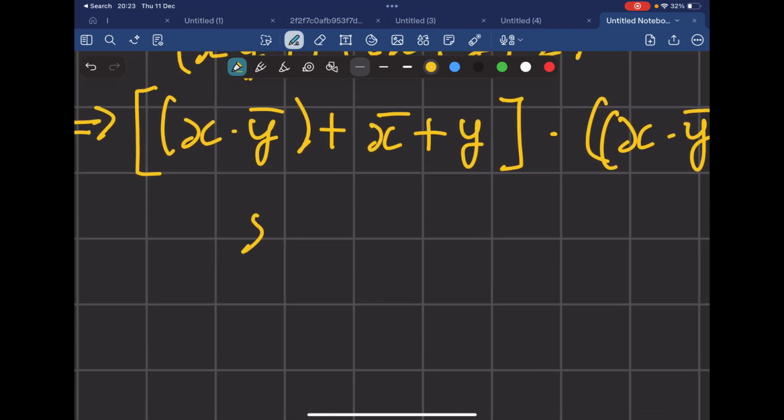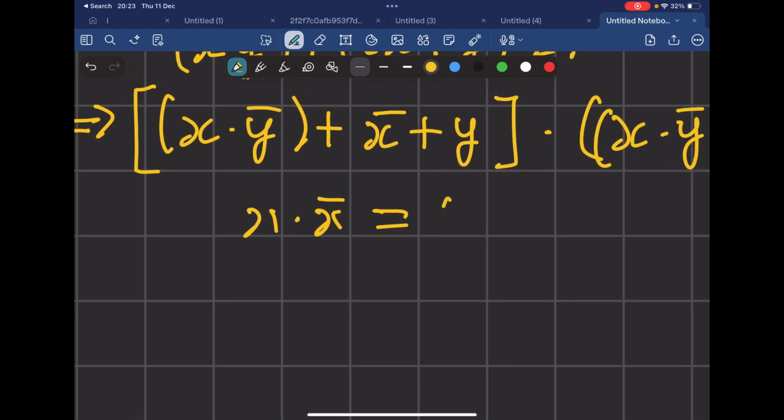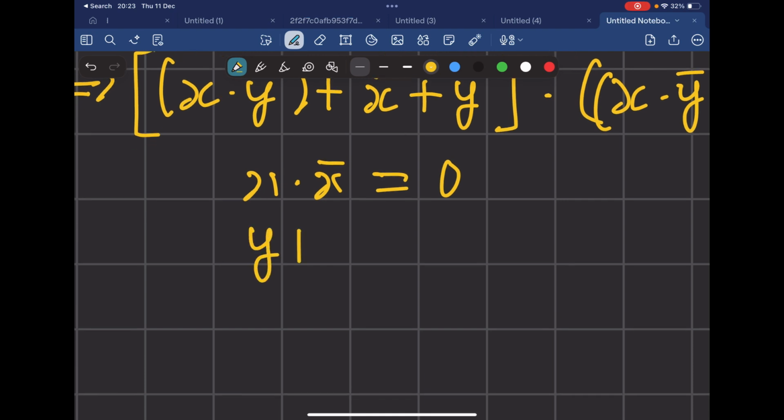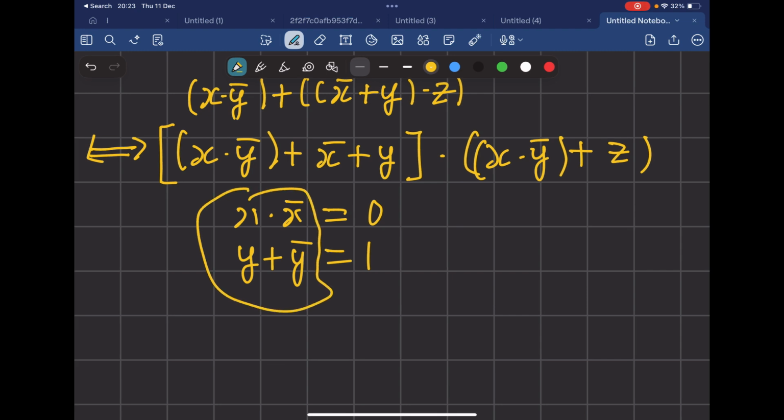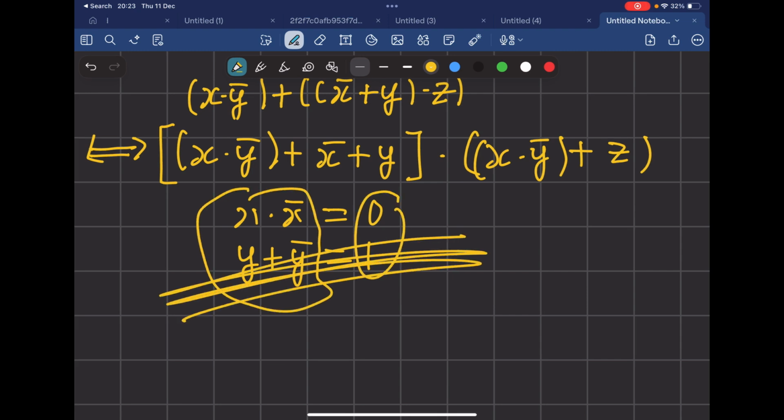So for example, x and not x, which would give us 0, or we could have something like y plus not y, which would give us 1. Having this would help us simplify further because we can just reduce it to these things, right? So let's try to do something.